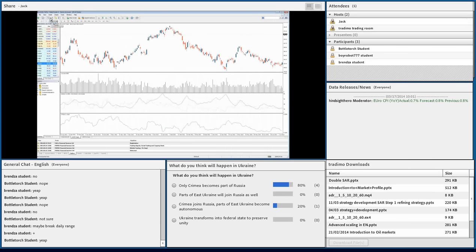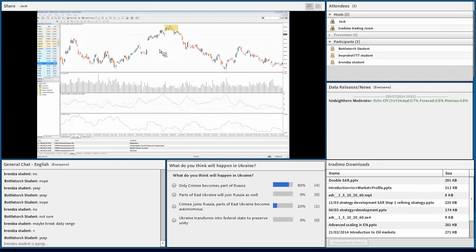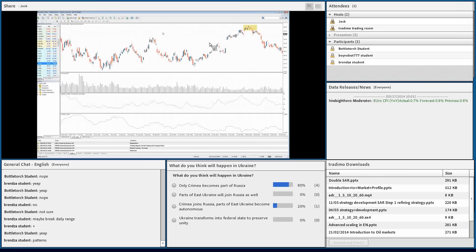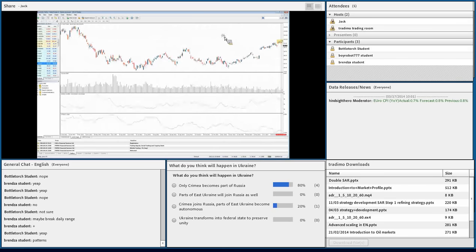But what sort of things do you think are good for helping you find an exhaustion gap? What do we think, Brenza, Boy Robot? When we see an exhaustion gap, so we come to market here. Okay.